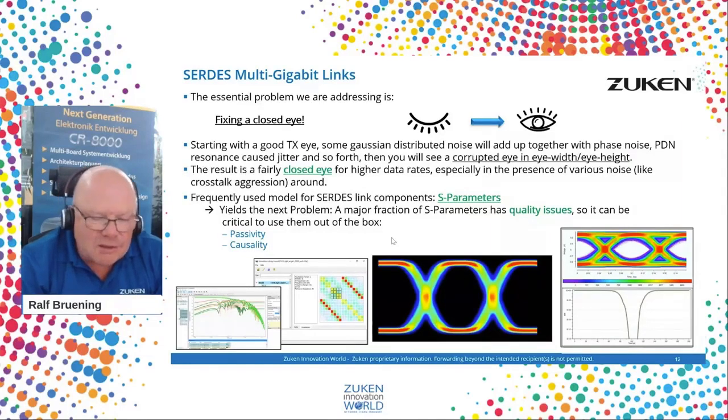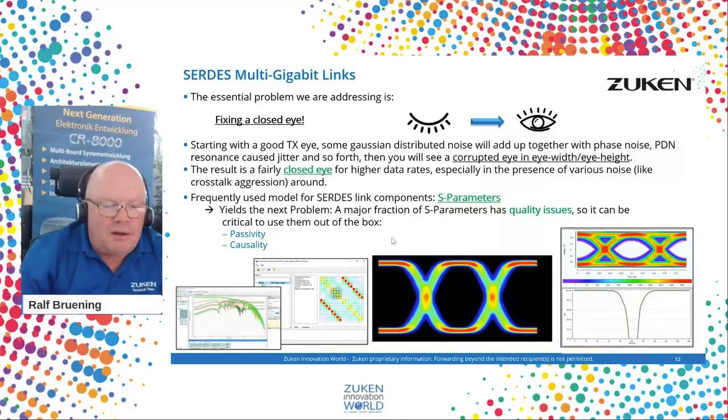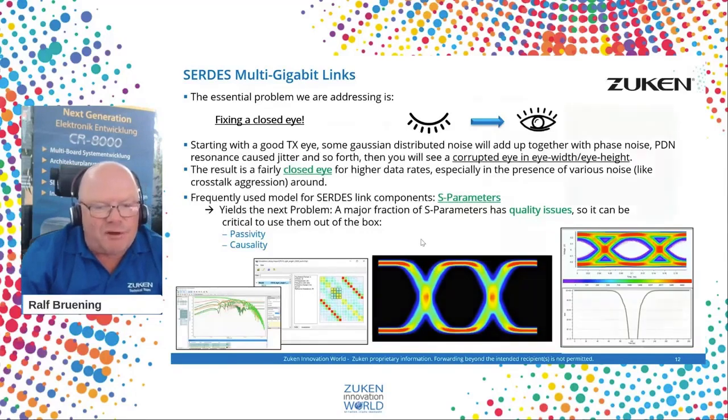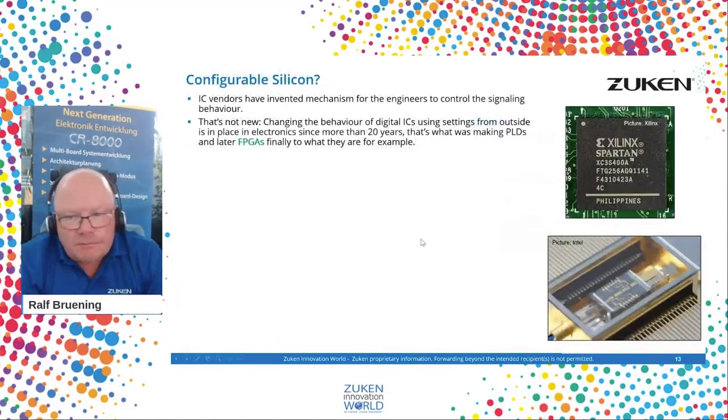And then at the end, simulation processes most of the time are taking place in time domain. So the eye diagram we see on the right-hand side of that slide is a time domain result. An S parameter is a frequency domain piece of data. So there has to be a proper transformation from frequency domain into time domain to make S parameters usable for simulation. And that's what we offer in CR-8000 as well.